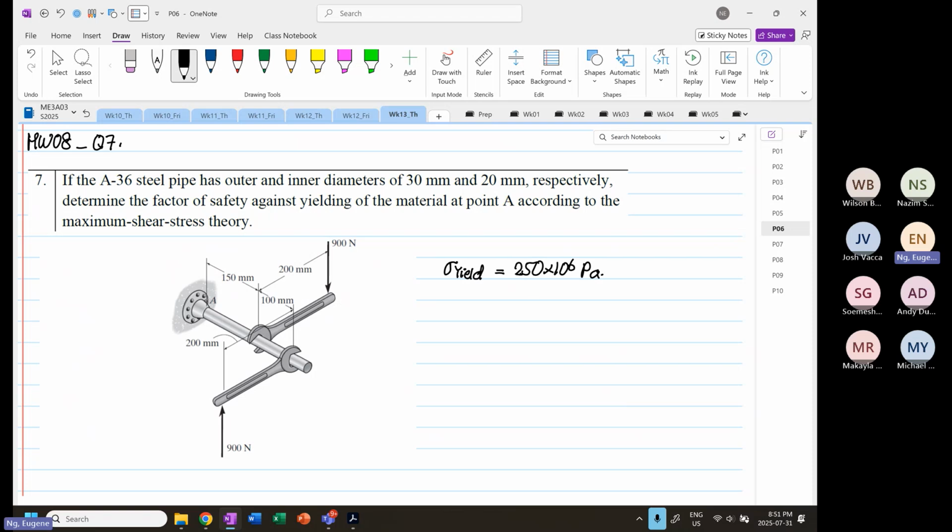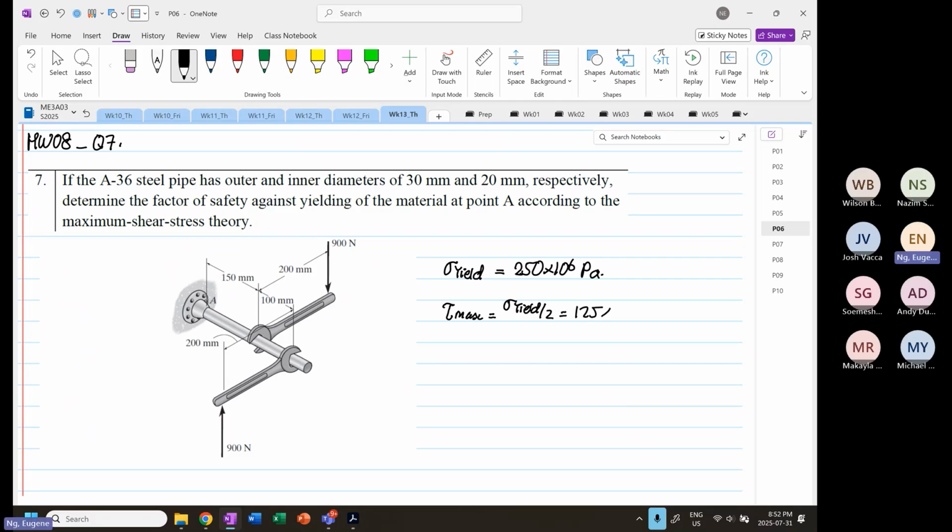Then if we look at the maximum shear stress criteria, the maximum shear stress is the yield stress divided by 2.